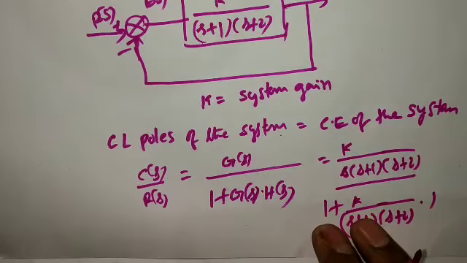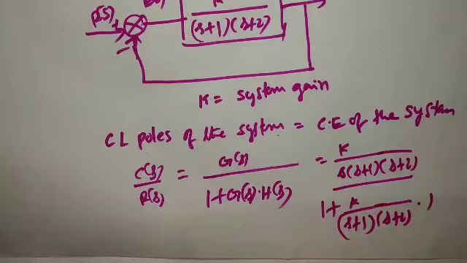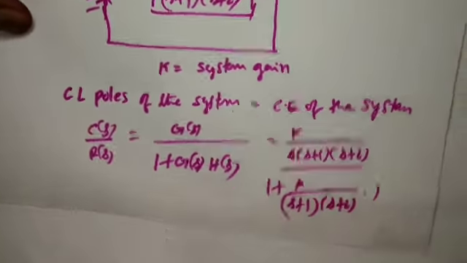Right. So when we divide it, you will get K by (s plus 1) into (s plus 2) by 1 plus K by (s plus 1) into (s plus 2) into 1.